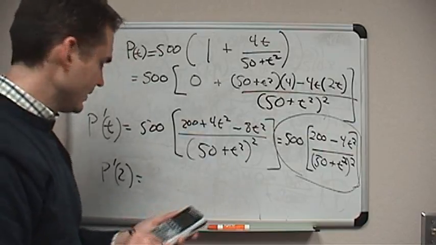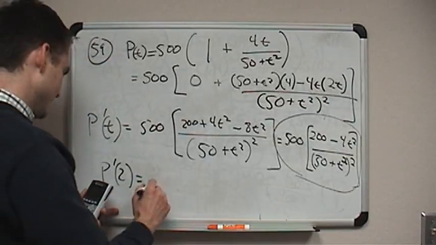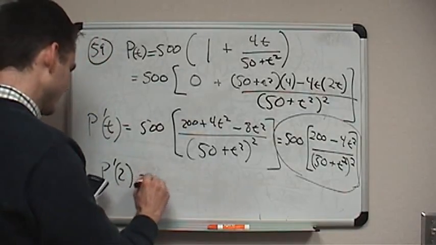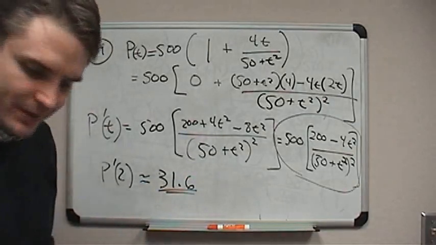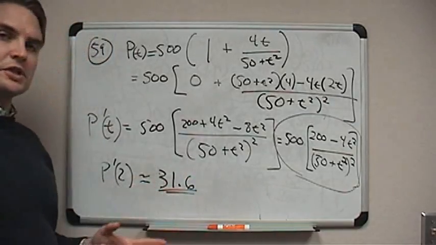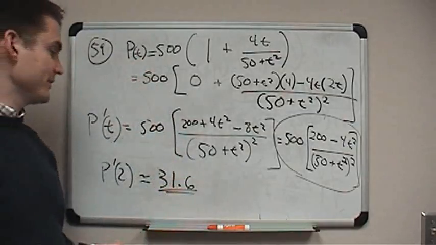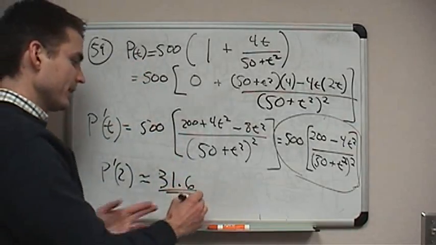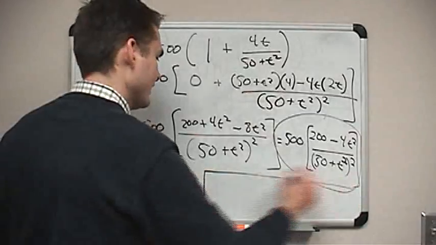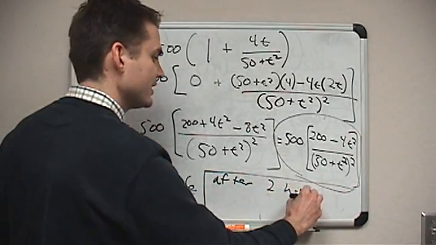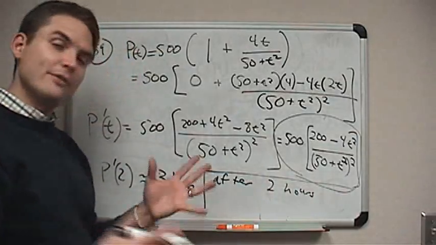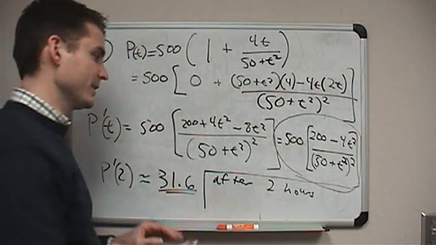When I compute this, I am getting about 31.6. So what does that mean? It's the rate of change of the population of this bacteria. We can interpret this that after 2 hours, because we're computing the rate of change at 2 hours, how fast is this bacterial population growing?